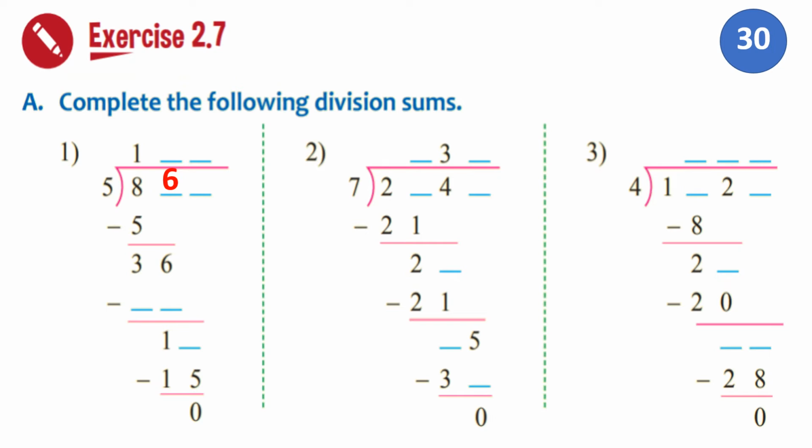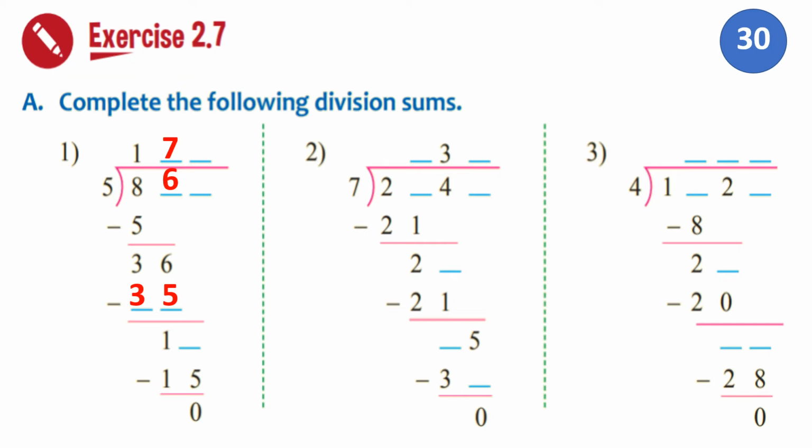You should bring down 6 here to make it 36. Now 36 divided by 5 is 7. 5 times 7 is 35. Correct, students? Now 36 minus 35 is 1.